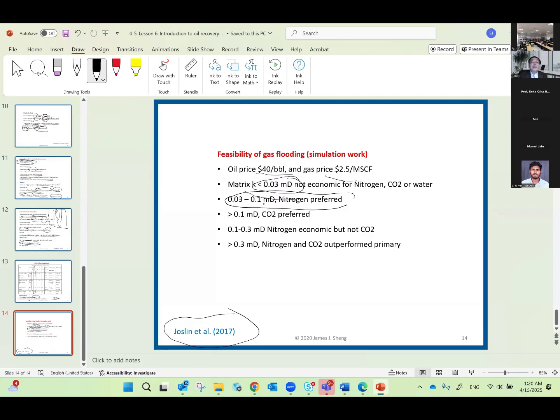If greater than 0.1, use CO2. For 0.1 to 0.3, using nitrogen could be economic, and you could use CO2, right? But CO2 is not economic. So this gives you some idea what kind of reservoir condition gas flooding may work.